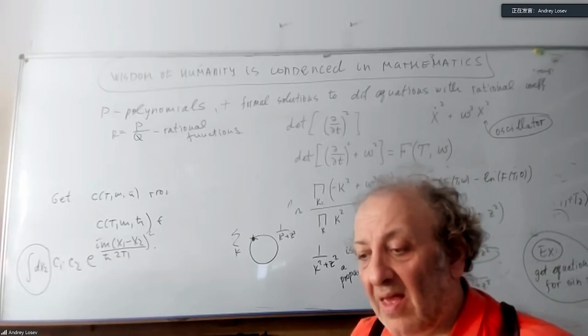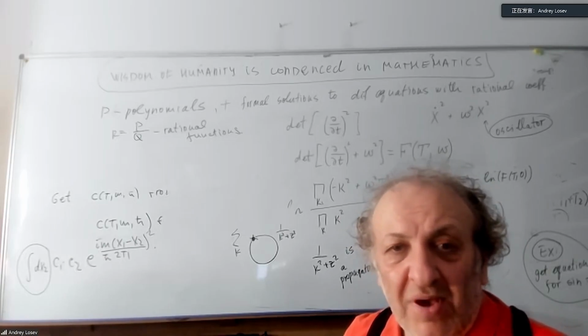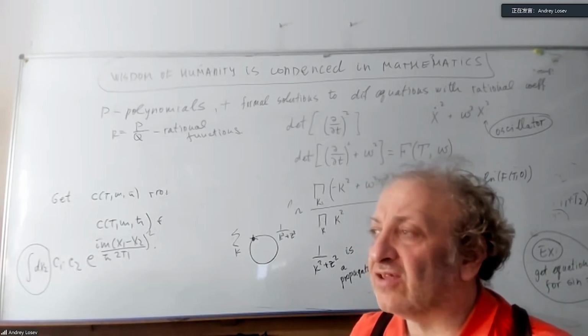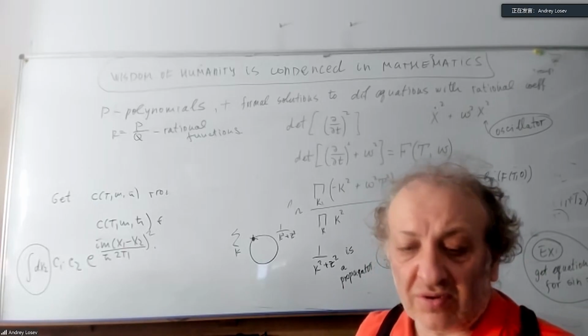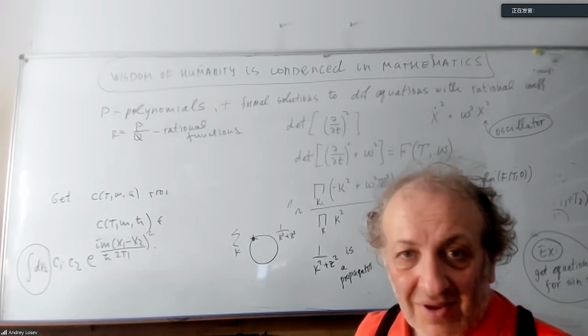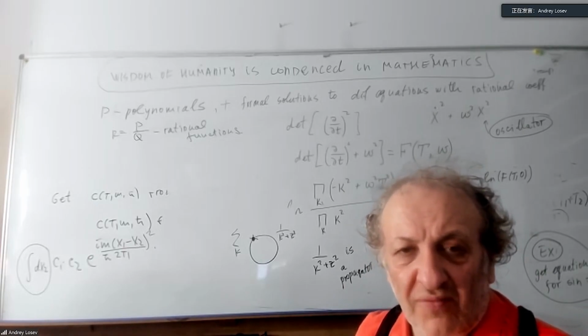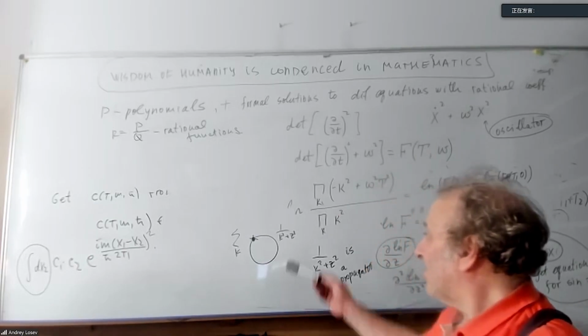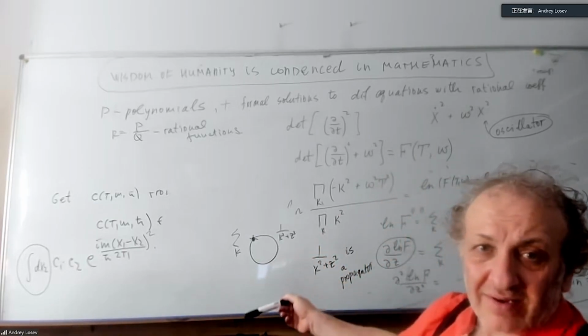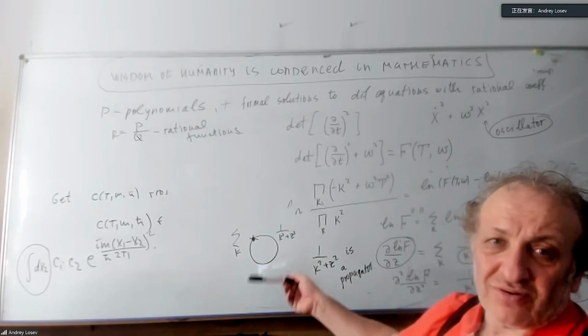And then, this D module could be of finite order or of infinite order. So what do I mean by a D module of finite order? You differentiate once, you differentiate twice, you are back.